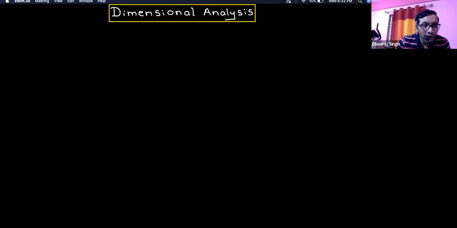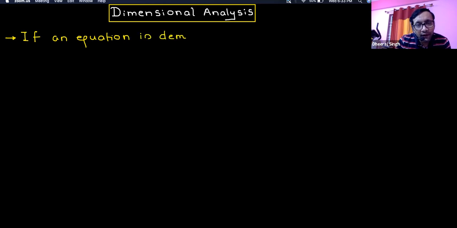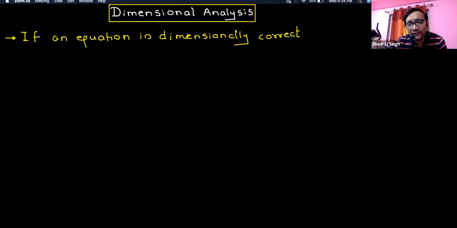The first pointer is, write down, if an equation is dimensionally correct. What does it mean, a dimensionally correct equation?